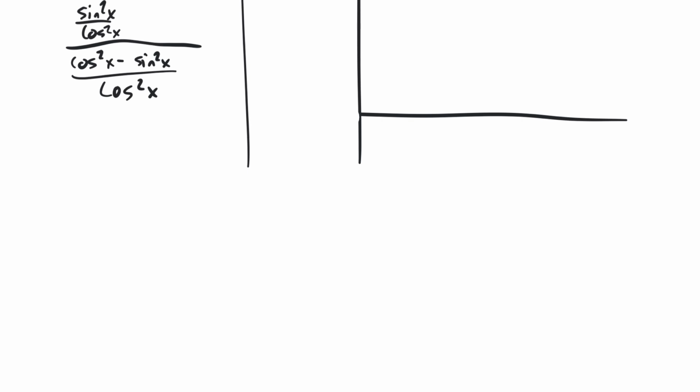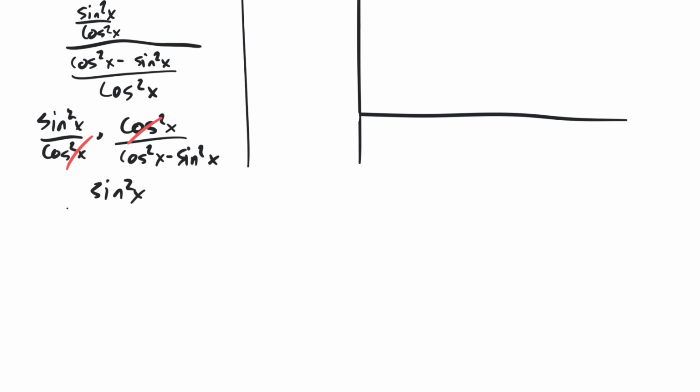So this will become sine squared x over cos squared x. We flip and multiply the fraction, so cos squared x over cos squared x minus sine squared x. Then we cancel these. That's going to give us sine squared x over cos squared x minus sine squared x.